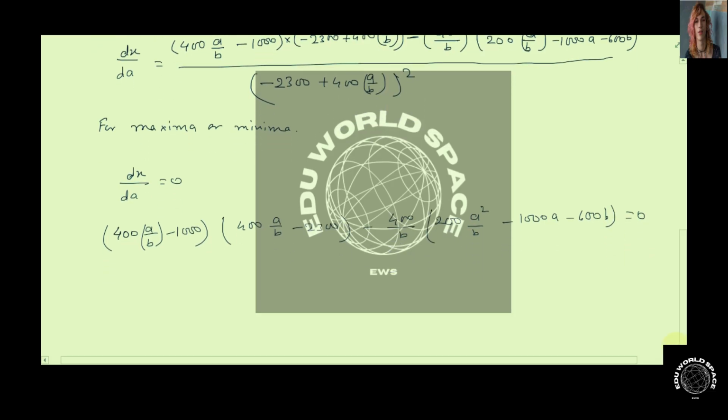So we can collect terms here. We multiply this term by this whole bracketed term, so this comes out to be 400 multiplied by 400, which will be 160,000.